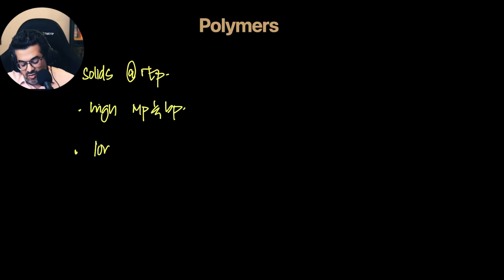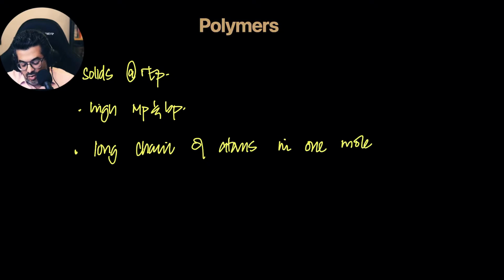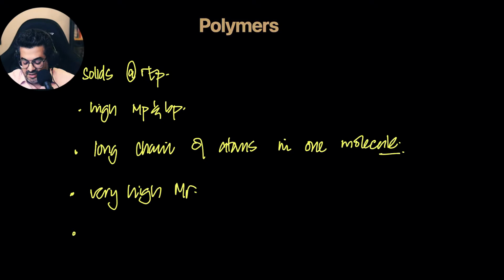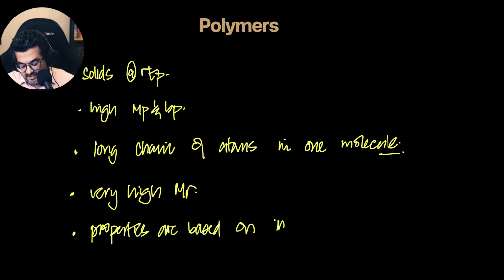And because there are long chains of atoms in one molecule, long chain, they have very large Mrs, very high Mrs for that matter, and so their properties are based on intermolecular forces.